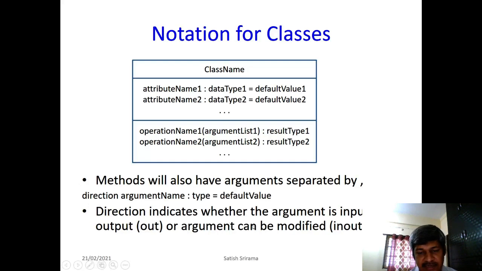Direction indicates whether the argument is an input, because within an operation there can be several parameters. A parameter can be of input type, an output type, or an argument that can be modified. For example, you send another class object to this one, and it can be modified. In that case, the direction will be in out.